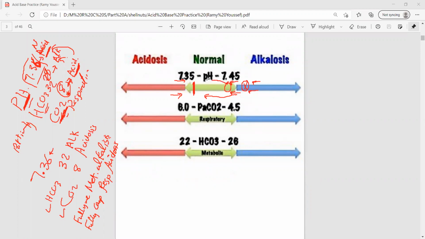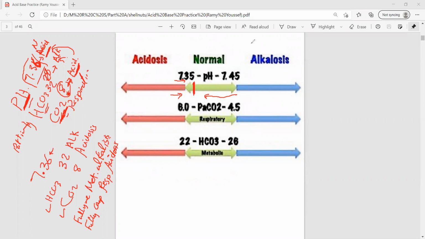It will never continue to compensate till it reaches the edge of acidosis. That would be completely illogical. Clear? Yes, clear.